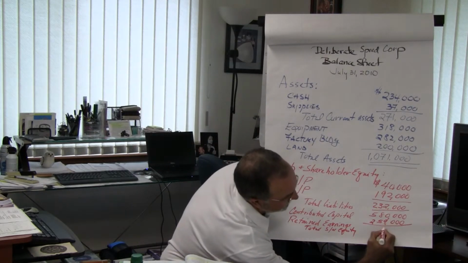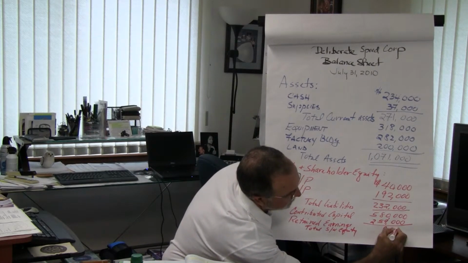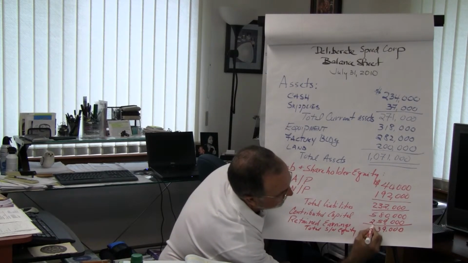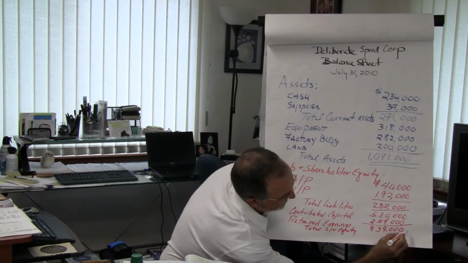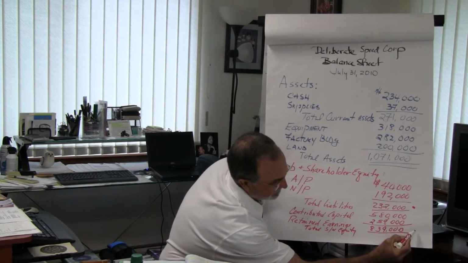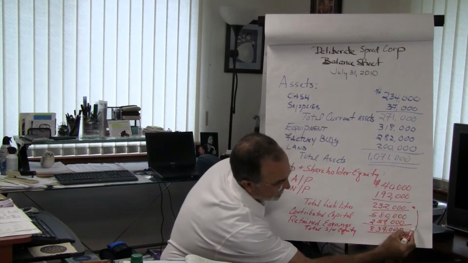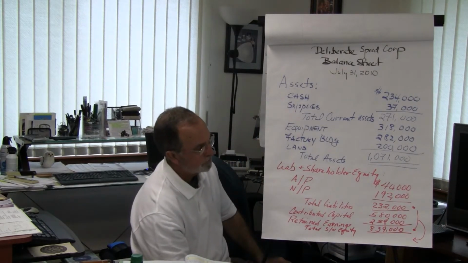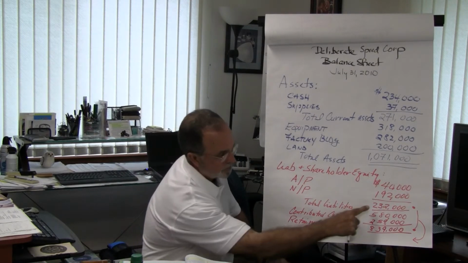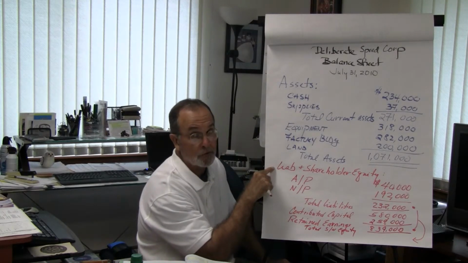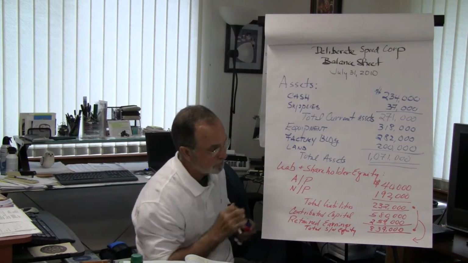This is going to be $839,000, and then we add our liability total and our equity total. Liability total, equity total, to get our total liabilities plus shareholders' equity.